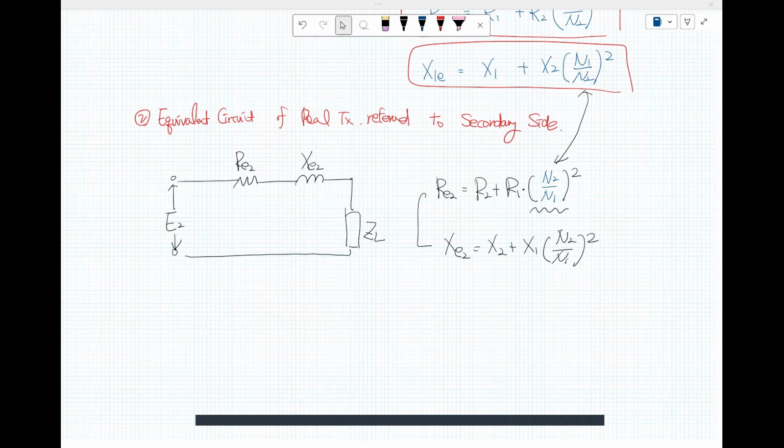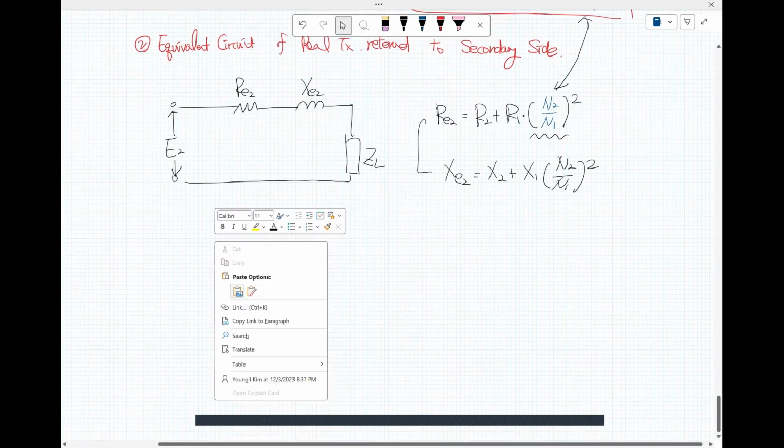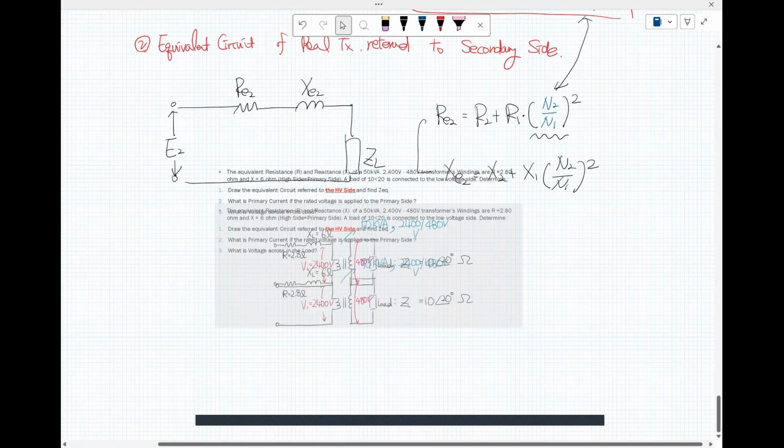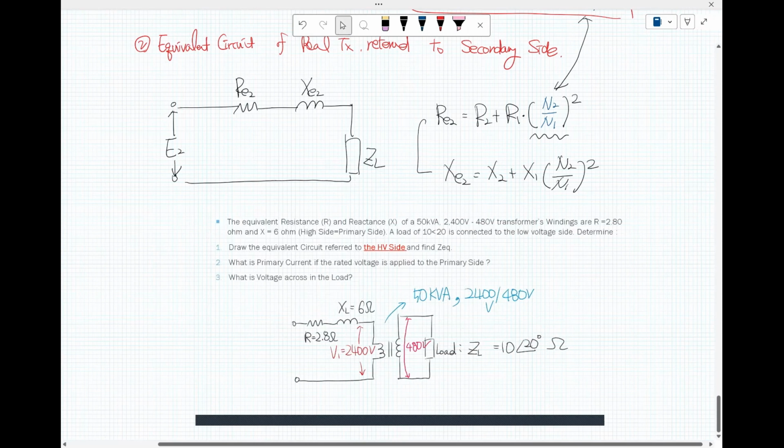Now we have a sample question we learned before in the class.